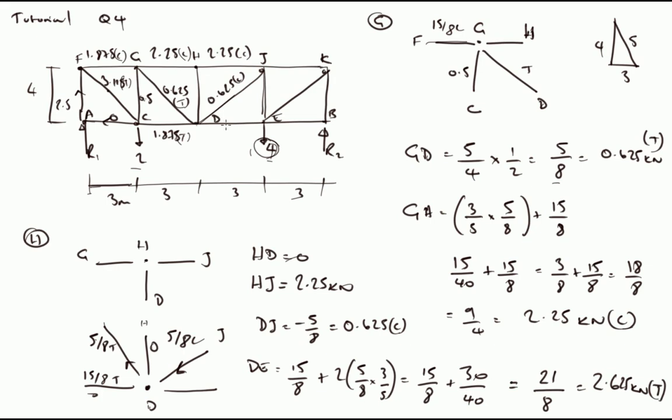So DE then is 2.625 tension. So we've got a compression up here, tension here, and then this is a tension here. Okay, and we will move on.